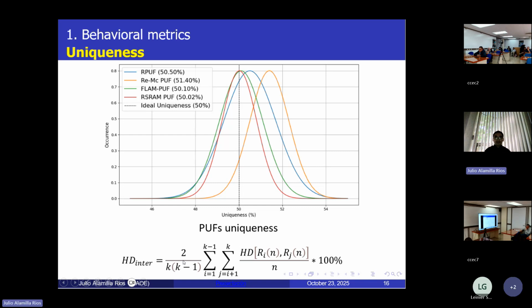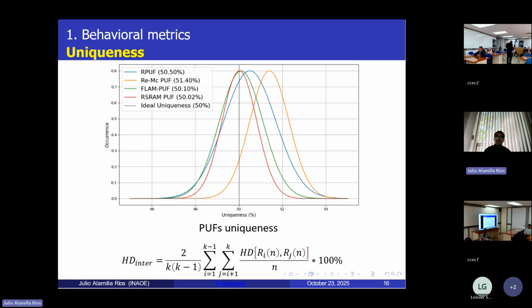In this case, it was 4. The ideal value of uniqueness is 50%. If the value is higher, repetitive patterns may appear, making modeling attacks easier. If it is lower, several instances may produce similar responses, reducing individuality.